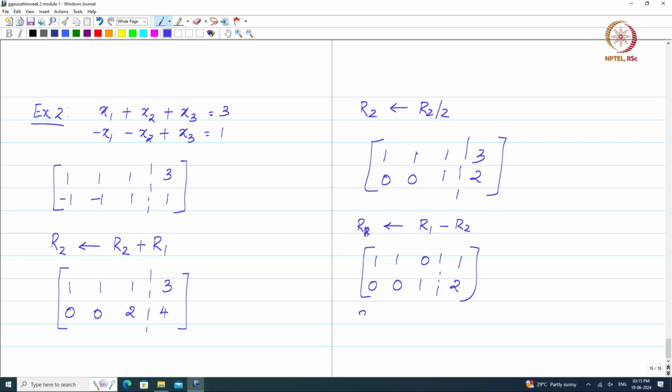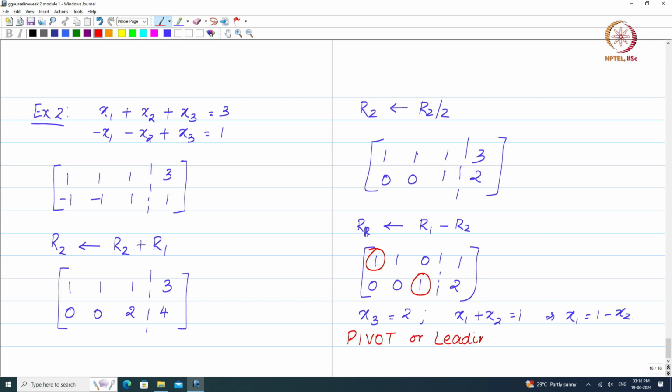So in this we derive that x3 becomes 2, whereas x1 plus x2 becomes 1, and therefore x1 is equal to 1 minus x2. The variables corresponding to leading ones in the RREF are called pivot or leading variables.